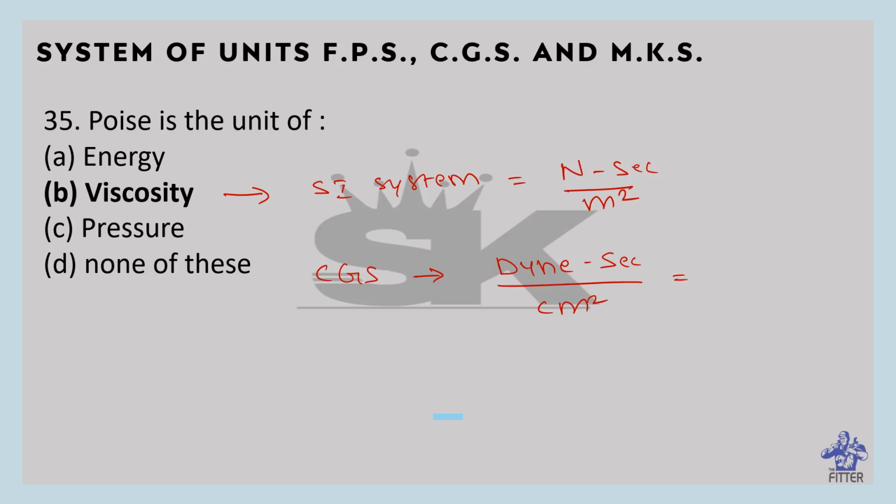Okay, or it can be termed as poise. One poise equals 0.1 Newton second per meter square. Okay, remember this one.